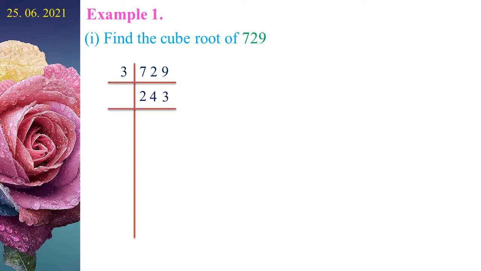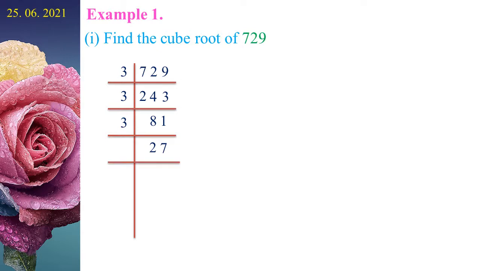Again, we can divide by 3. 8 3s are 24, 1 3 is 3. The number 81 is divisible by 3. 2 3s are 6, balance 2, 21, 7 3s are 21.